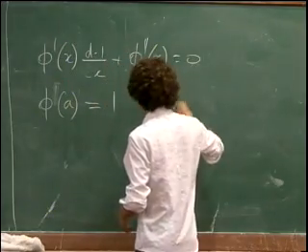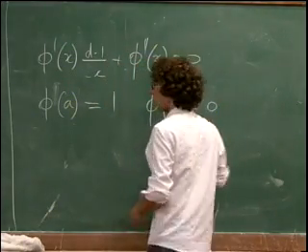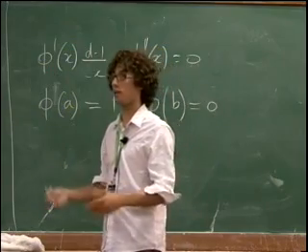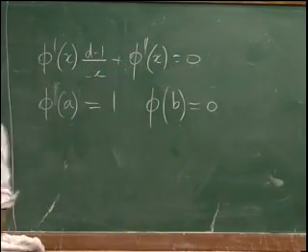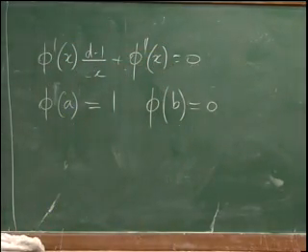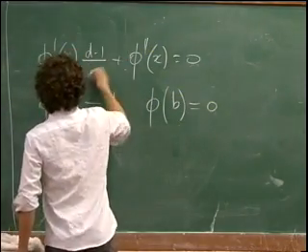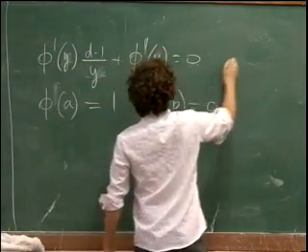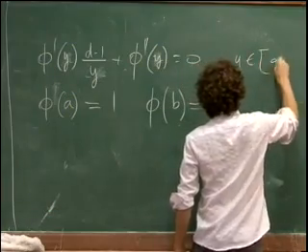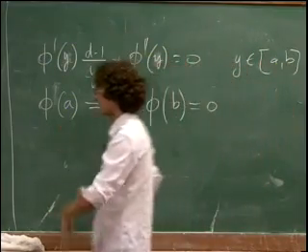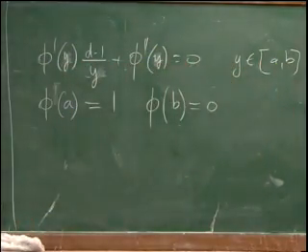And phi of B is 0, because I exit the domain, but not from A. This holds for all y between A and B, because x can go to whatever value between A and B.